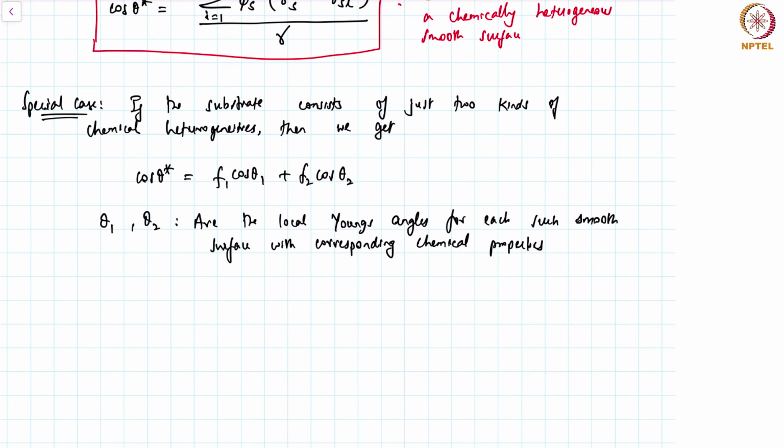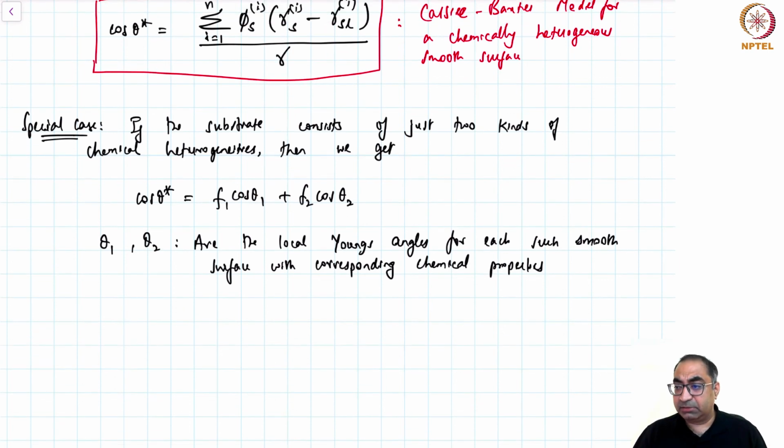So if we have just two kinds of heterogeneities present on the surface, the summation in the above model just goes from 1 to 2, and all I have to do now is to sum it over both those kinds of surface. So for example, I could make a surface which is partly coated, let's say by silanization, where you change the local contact angle, but I do the silanization in some kind of a checkered pattern, or selectively on certain parts of the surface.